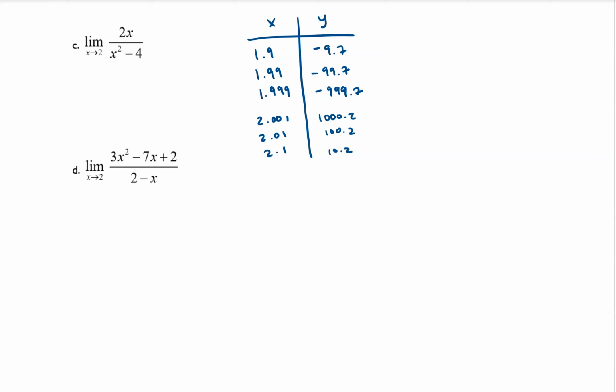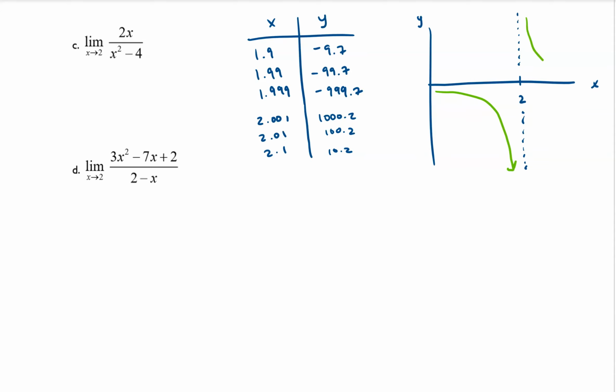So what that's going to look like is, let's say here's my x-axis, here's my y-axis, here's 2. If I plugged in 2, hopefully you remember from pre-calculus that there's a vertical asymptote there. And what's going to happen is our function graph, if we come in from the left-hand side, is going to go down to negative infinity, and then the right-hand side, it's going to go to positive infinity. So because they're not going towards the same thing, we know that this limit does not exist. So that is what we were looking for in part C.